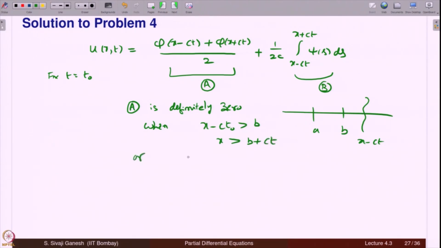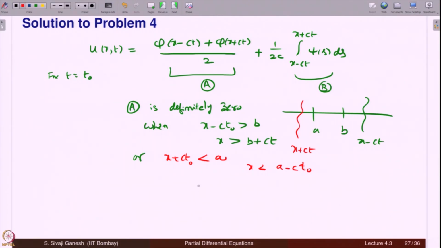Or the other case is here, x plus ct is less than a. Then also x minus ct is to the left side and phi is 0 on the interval x minus ct, x plus ct, or x plus ct naught is less than a. So, that means that x is less than a minus ct naught.